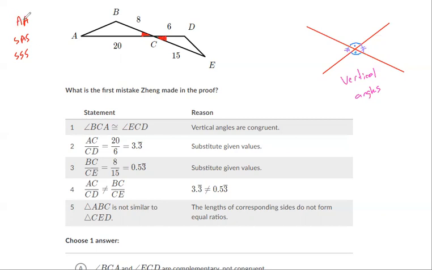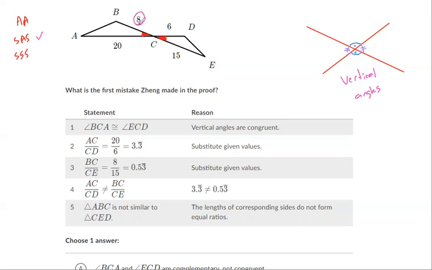Which means I cannot use this one, and I cannot use this either because the third side is not given. So the only shot that I have is side-angle-side, since I do know the angle is equal in between the given two sides, but I need to show those sides are proportional.